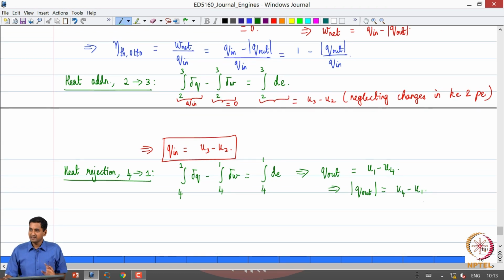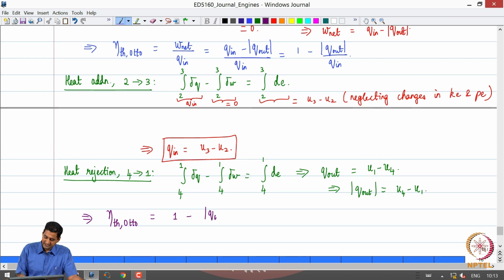So, I am just rewriting so that we are consistent, okay. Now we are all set to look at the thermal efficiency expression once again. So, we can immediately see that the thermal efficiency of the air standard Otto cycle is 1 minus magnitude of Q out by Q in. This is going to be 1 minus U4 minus U1 divided by U3 minus U2.